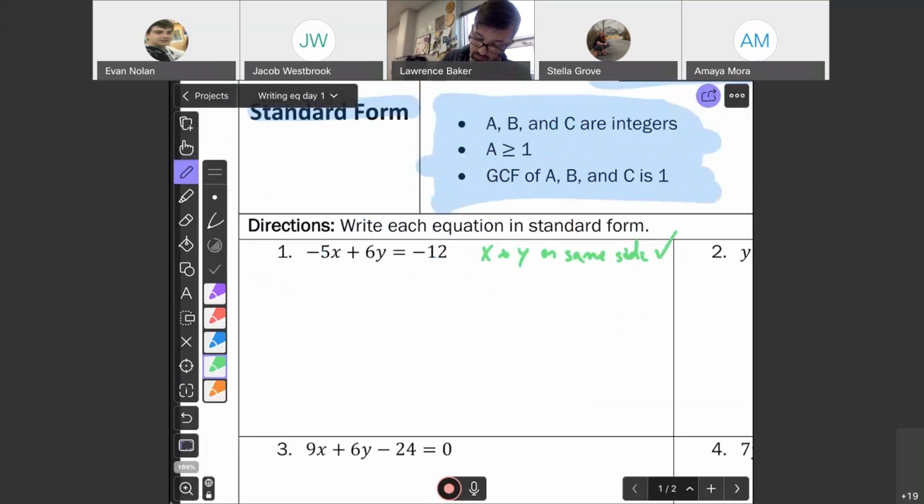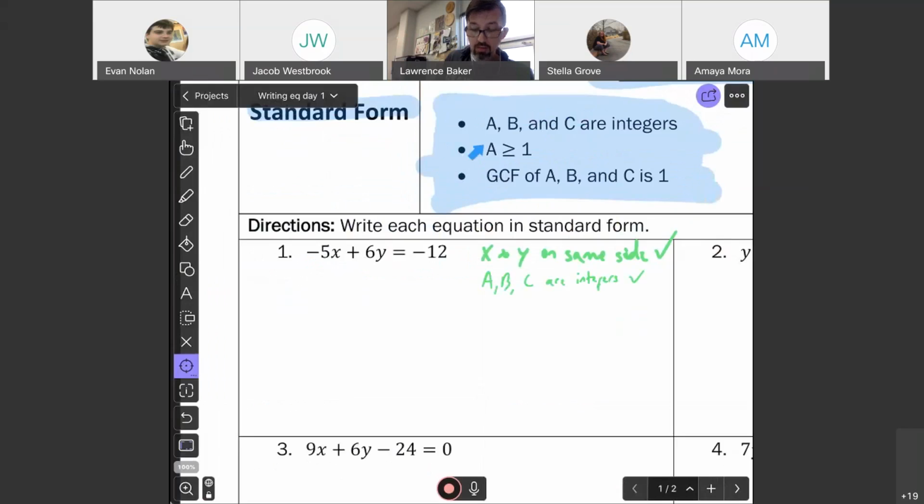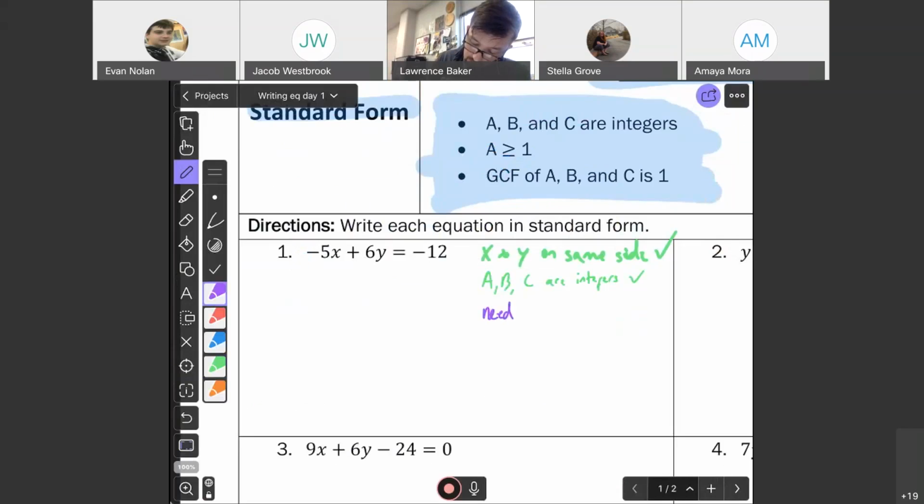Okay, so that rule is met. The next thing is, is a greater than 1? Well, my a value is -5. So I need a to be positive. How do I make that happen? It's -5 right now, but I want it to be +5.